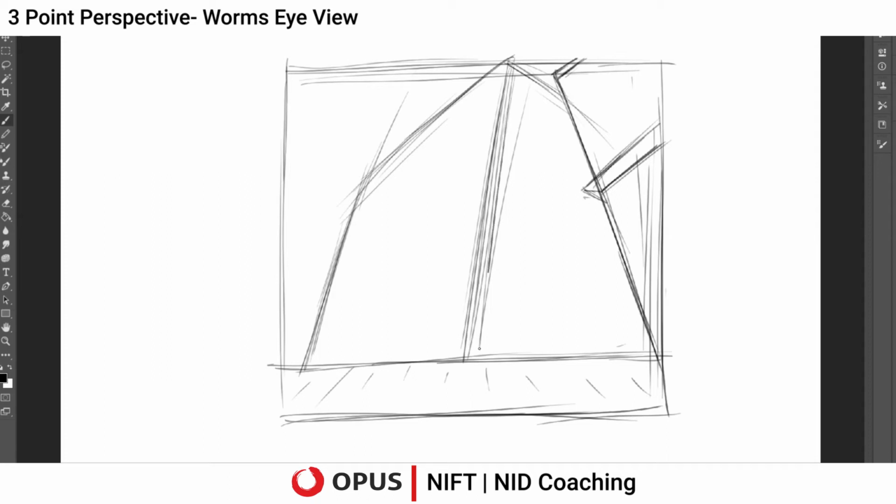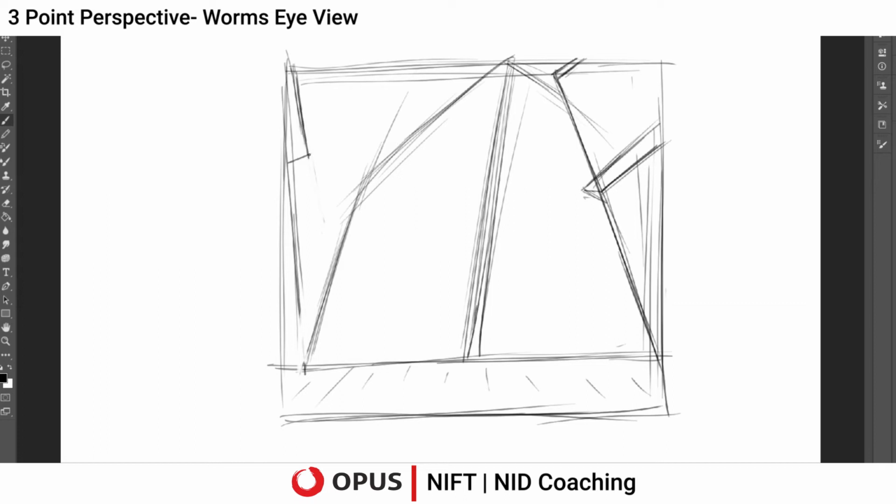And see, now starting from here itself, I am having that view, or that impression, that we are drawing something in 3-point perspective. That is what is crucial to understand and crucial to make things in your drawing plane.